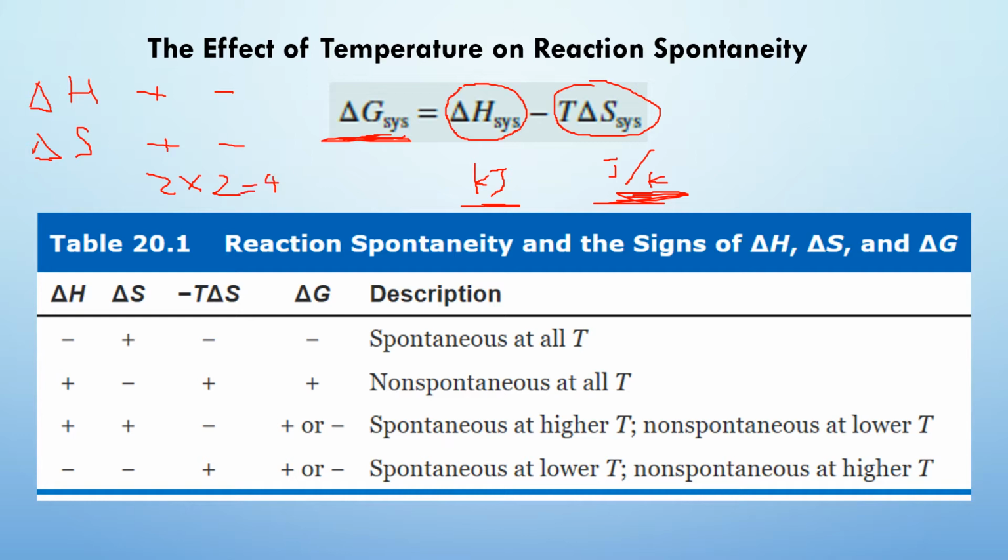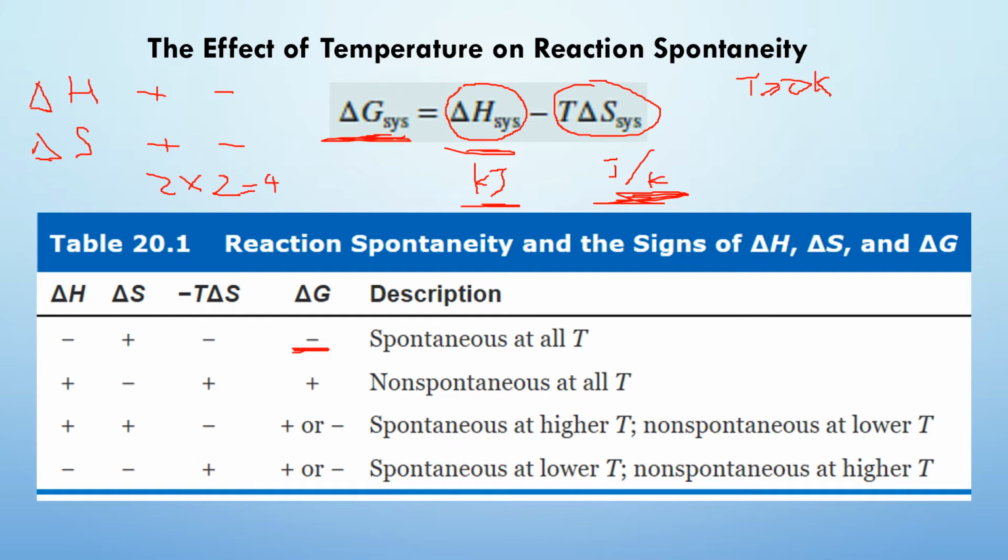First, when you have a negative delta H and a positive delta S, that makes delta G negative no matter what temperature it is, because the temperature is greater than or equal to 0 Kelvin, which is absolute zero, and normally greater than 0.